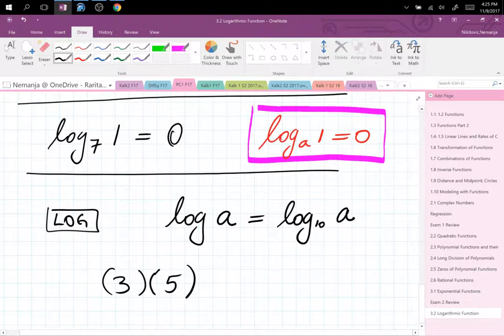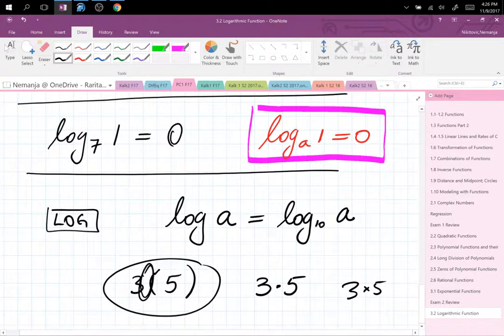Three times 5. I never said times over here, right? I just put, or even if I write it this way, I never wrote times. I can write 3 times 5 or 3 times 5, but I also have this notation where there's nothing here.